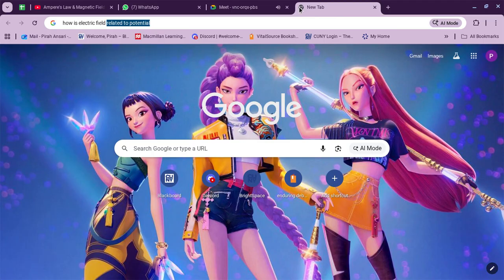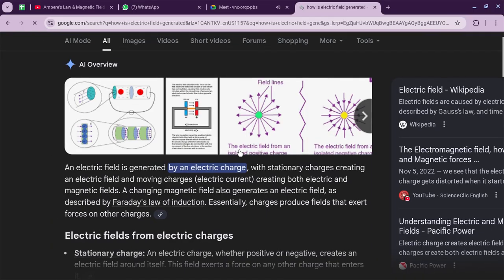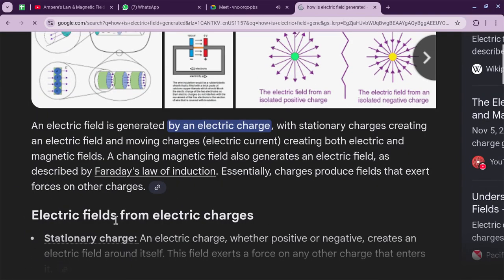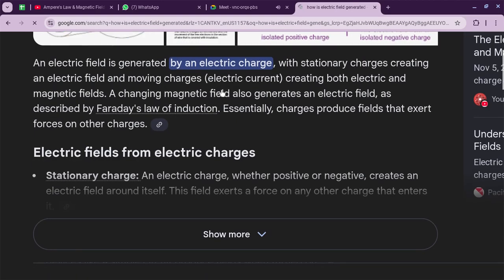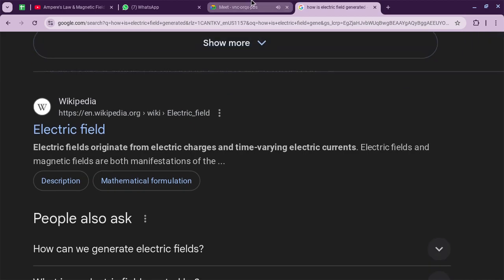The question is how an electric field is generated. By charges. Not about moving charges, just charges.